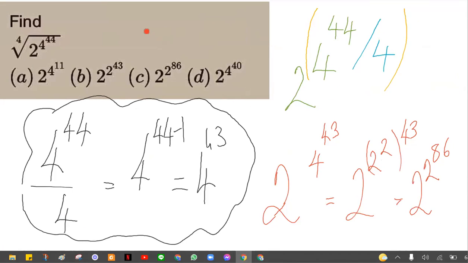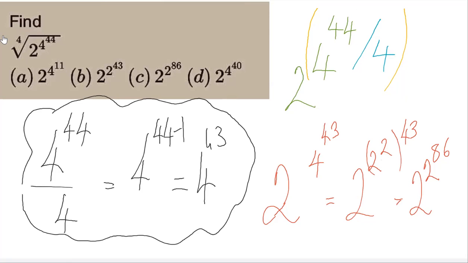So this question looks a bit tricky. It's about indices, so we have a rule. Maybe we can write, as you know, the rule to change a root into an index.